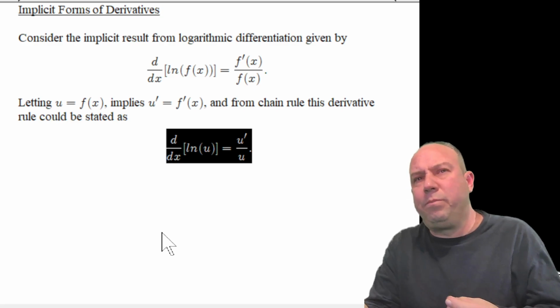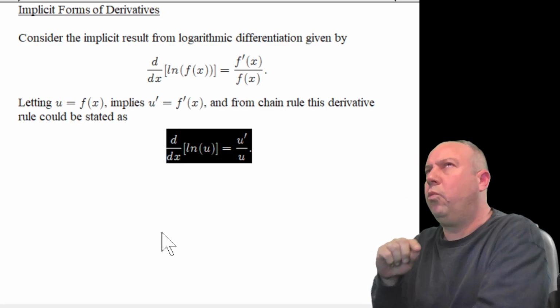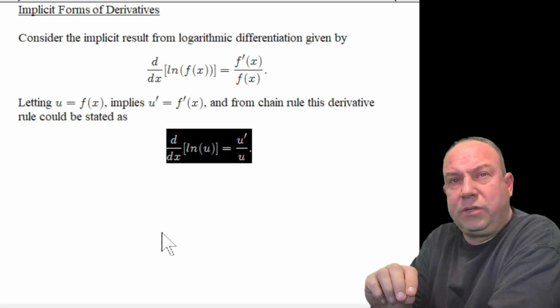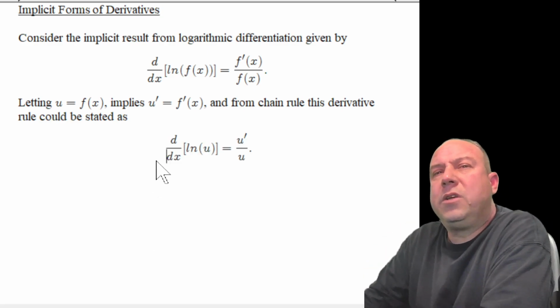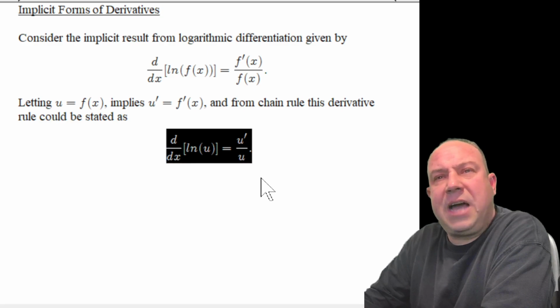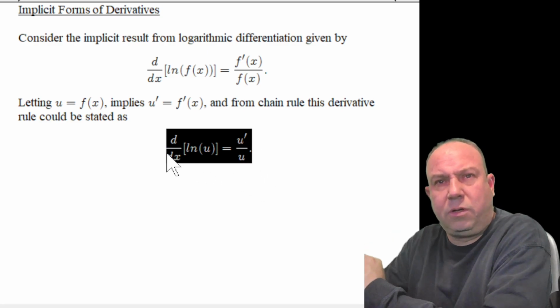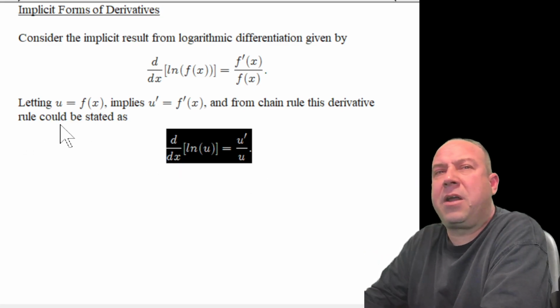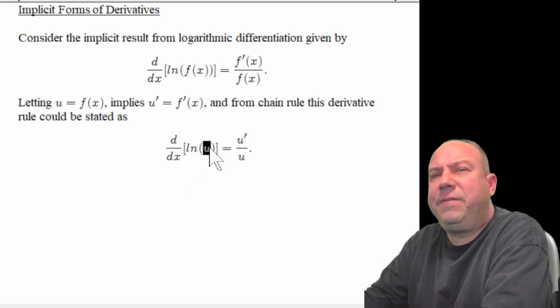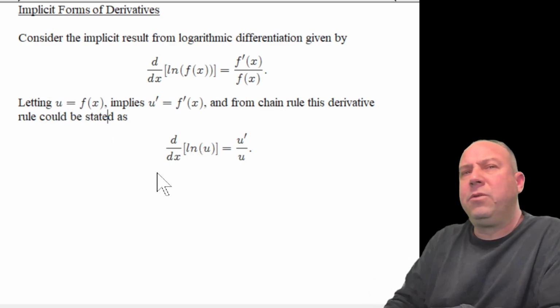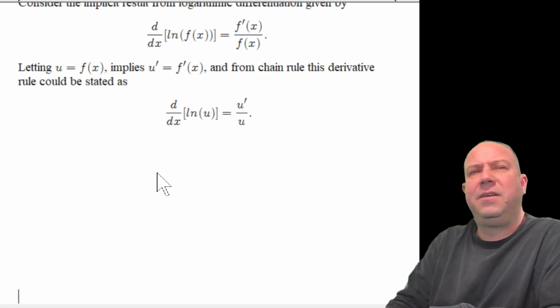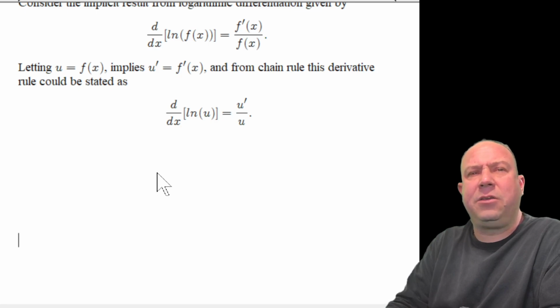Any other way we use it is really working it into other rules. Whereas we can develop that rule in the context of a chain rule, as we see here, where we think about the argument of the ln function not being x, but being some function f of x, which is more like what we might encounter as we work with this in a derivative.